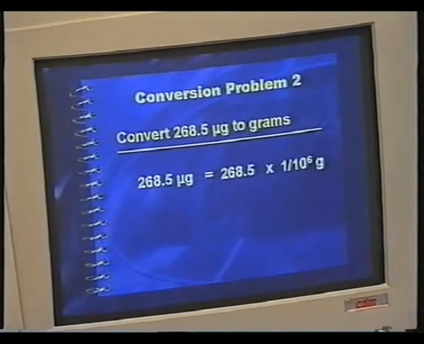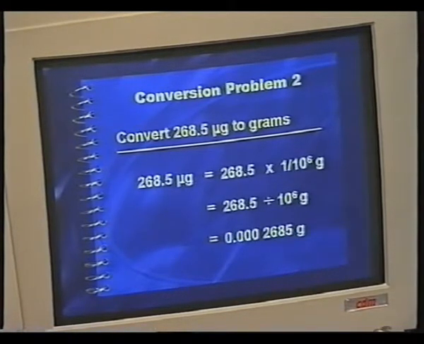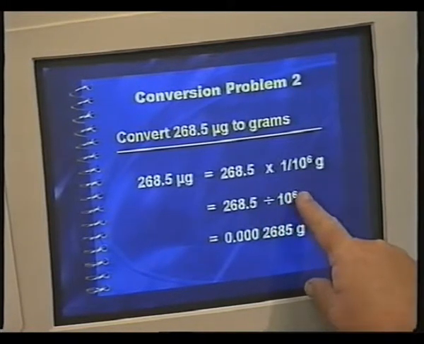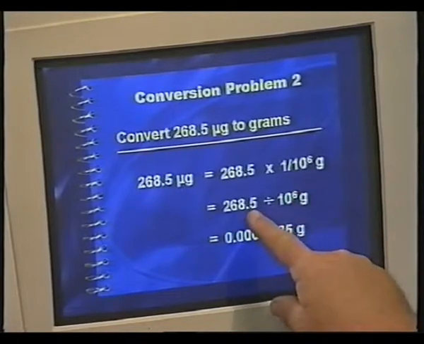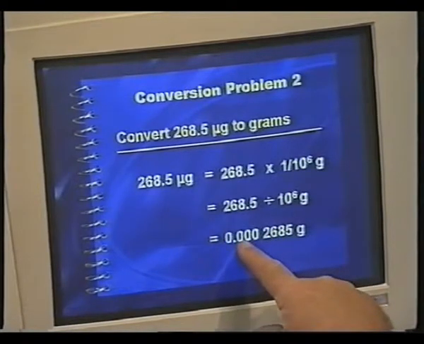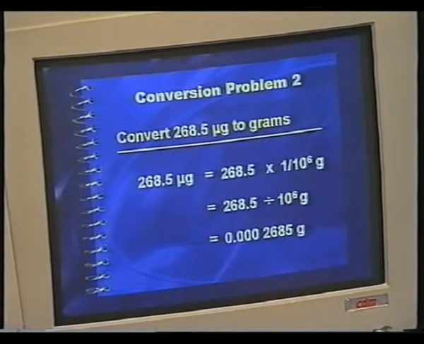The conversion factor is 1 over 10 to the power of 6. That's the same as dividing by 10 to the power of 6. And as you can see, you get lots of zeros, because when you divide by 10 to the power of 6, as in this problem, that decimal point you see over there has to move 6 places to the front, and you have to introduce these extra zeros to be able to place that decimal point.